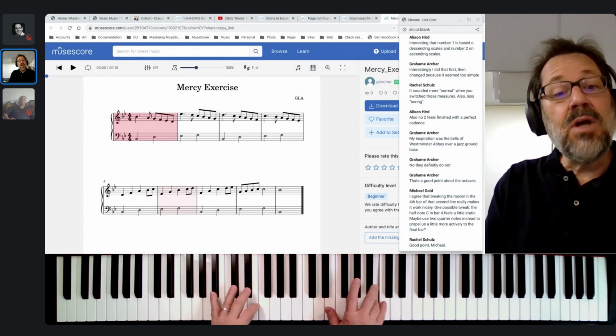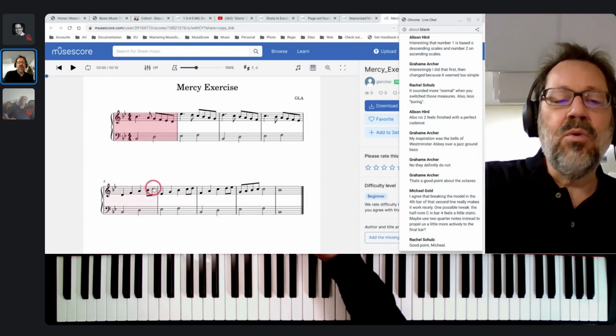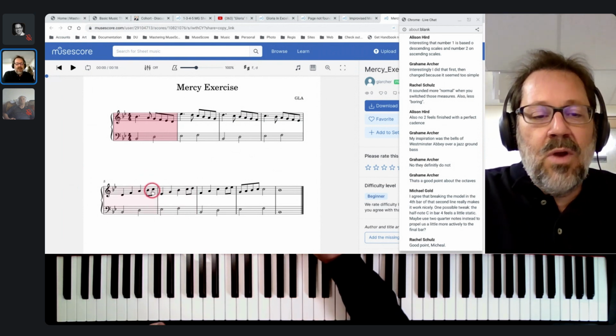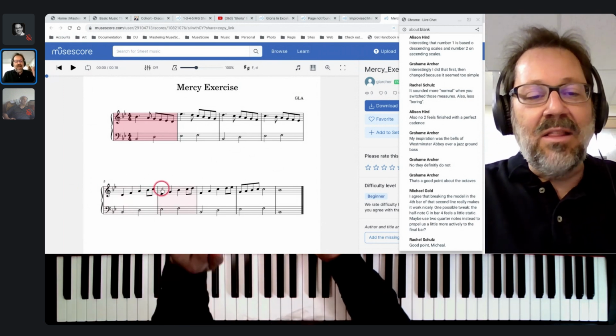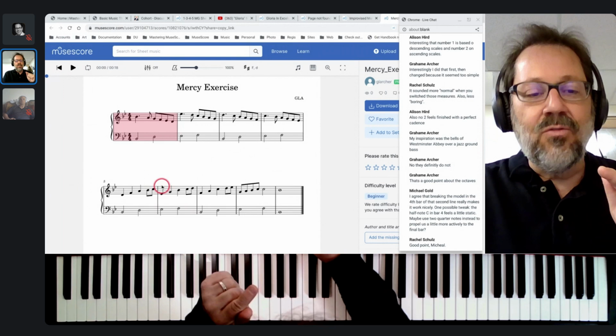Right? And this idea of putting in a chromatic note to slow down the ascent of that line so that we land on a C to form a consonance here.